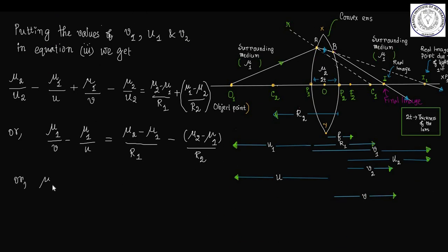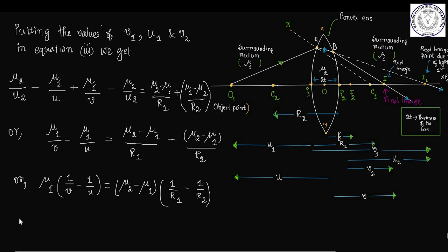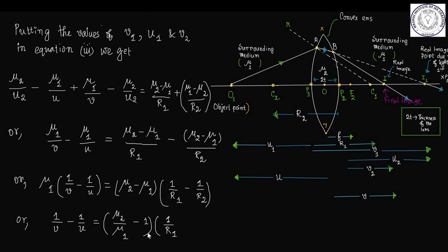Or, mu1 is taken common: mu1 (1 by V minus 1 by U) is equal to (mu2 minus mu1) taken common, into (1 by R1 minus 1 by R2). Or, 1 by V minus 1 by U is equal to (mu2 by mu1 minus 1) into (1 by R1 minus 1 by R2).